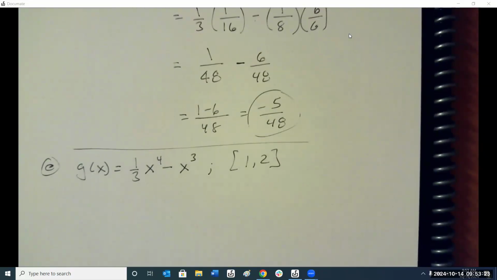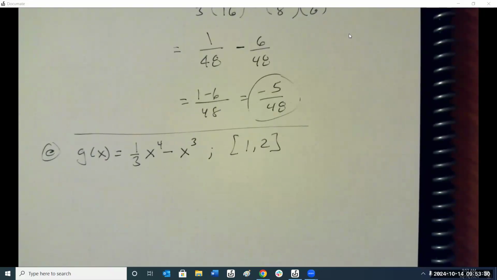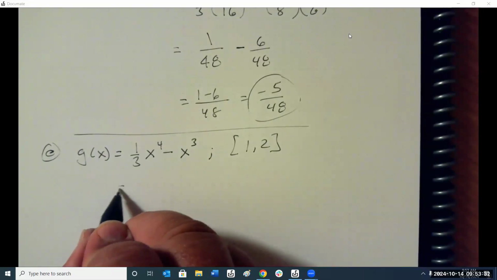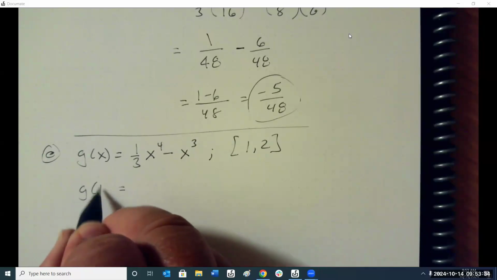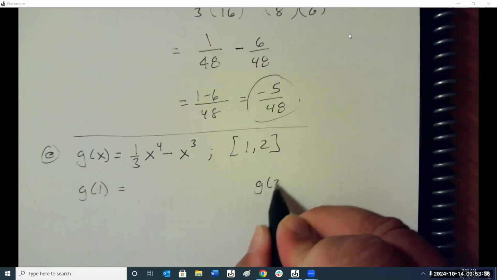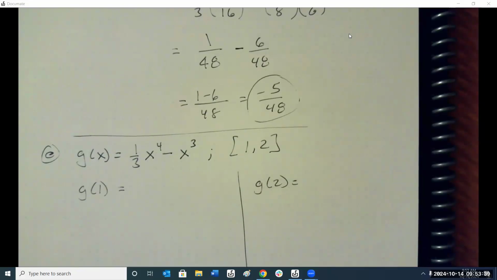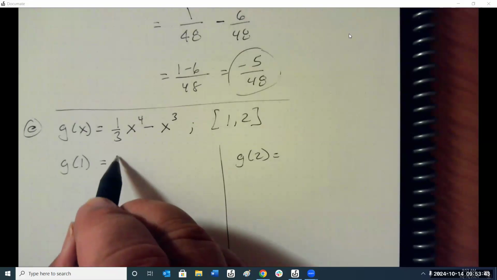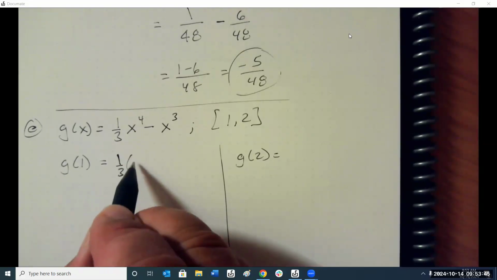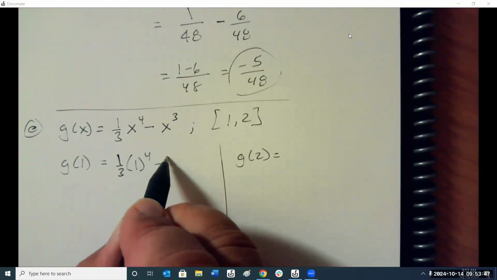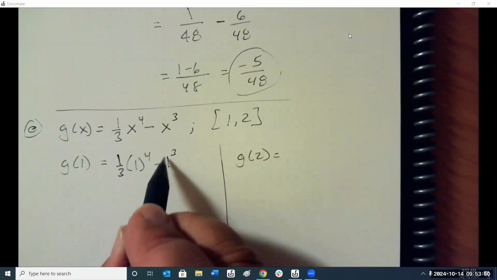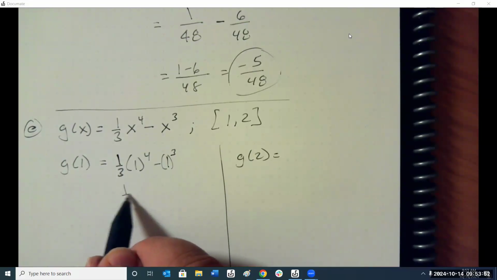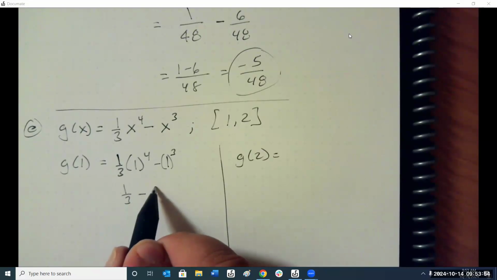On this interval, so g of 1 and g of 2. So the first one just ends up being 1/3 if it's g of 1, 1/3 minus 1.